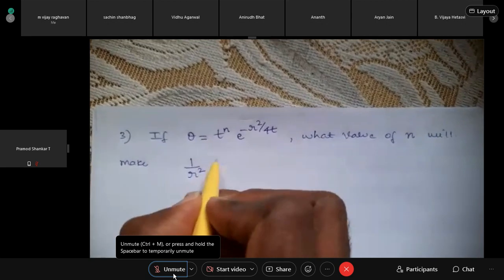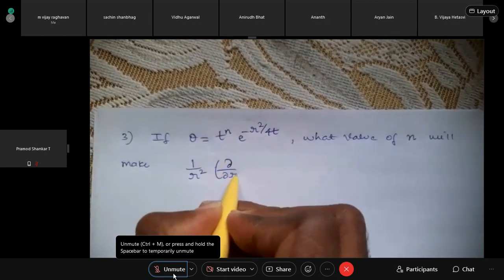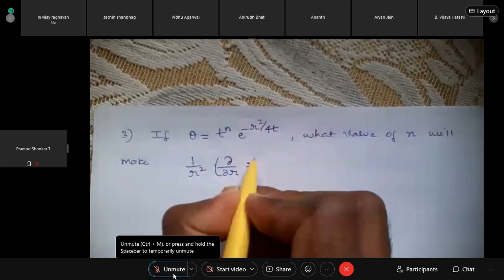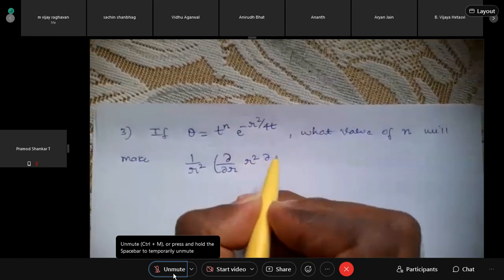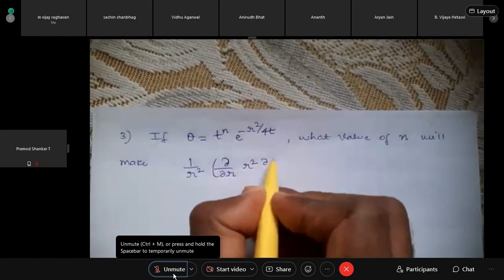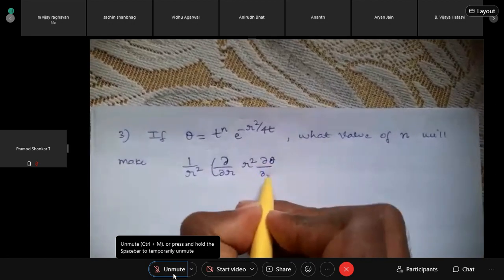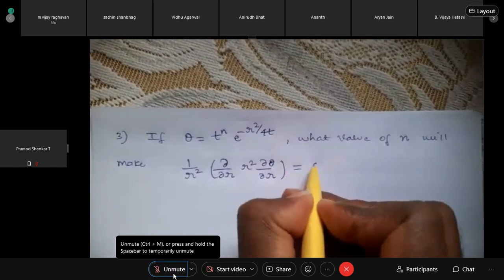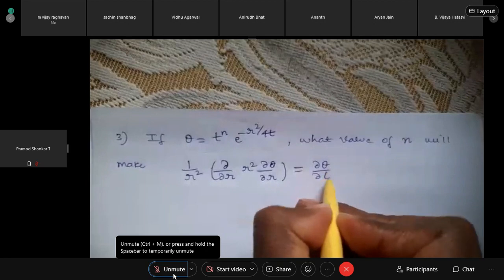That is 1 by r square dou by dou r of r square dou theta by dou r, which is equal to dou theta by dou t.